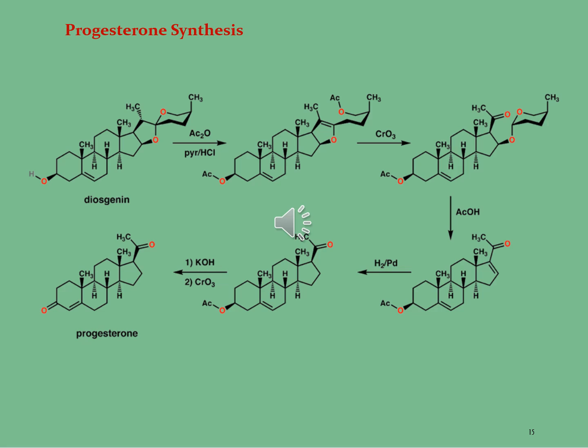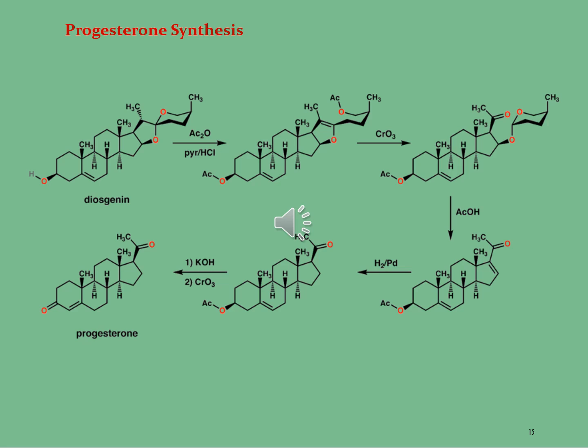This intermediate is further treated with acetyl alcohol, which is used for the removal of the sugar moiety. In this way we obtain an acetyl group at carbon 17 of the basic steroid structure.